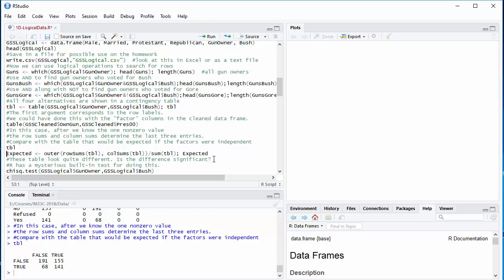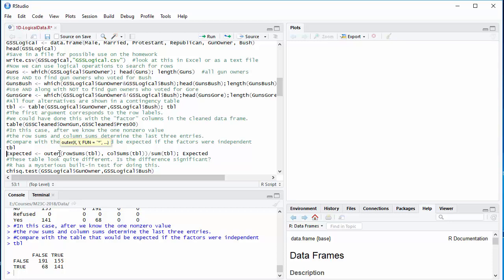An interesting thing to do is to compare this table with what we would have got if gun owners were equally likely to vote for Bush or for Gore. What we'd expect if voting for Bush and owning a gun were independent factors. And R has a very useful function for calculating this.